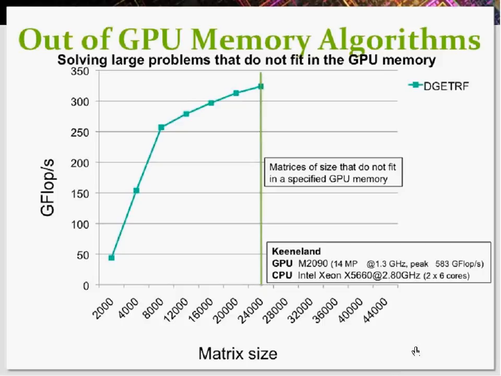If it is too big and doesn't fit, then we have to develop new algorithms. Indeed, we developed some that allow us to extend and solve beyond that limit, and as you can see, performance remains at a high level, although we do more communication.